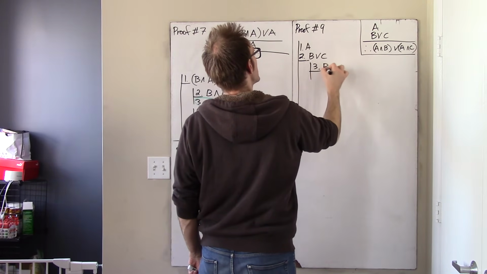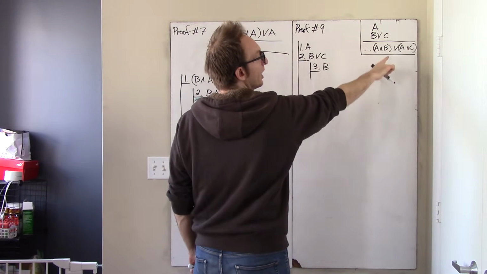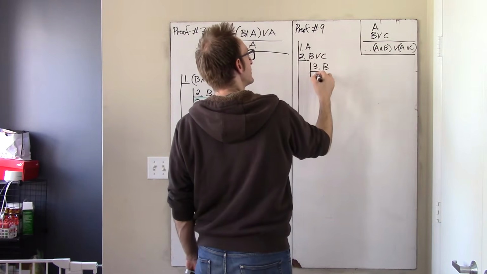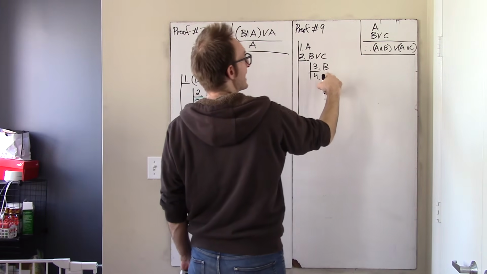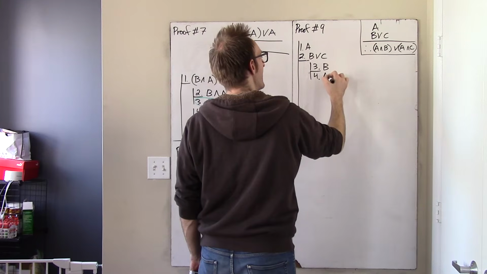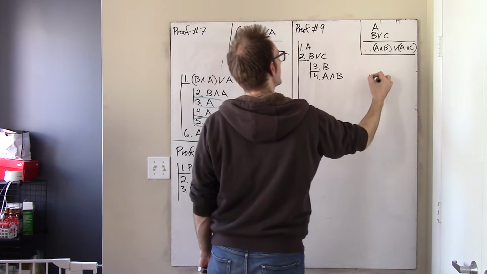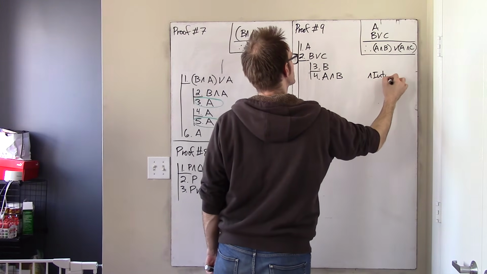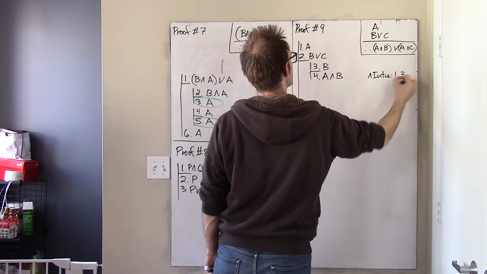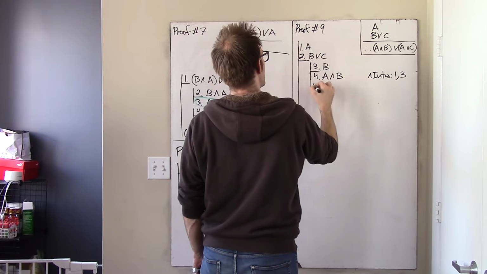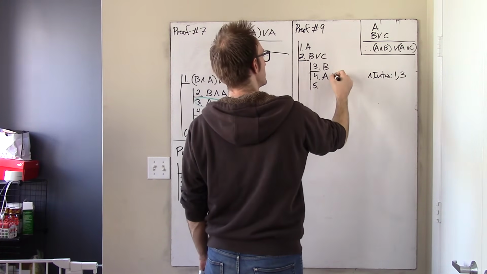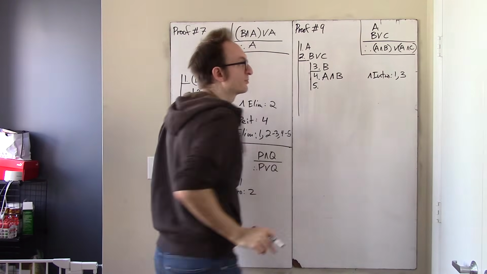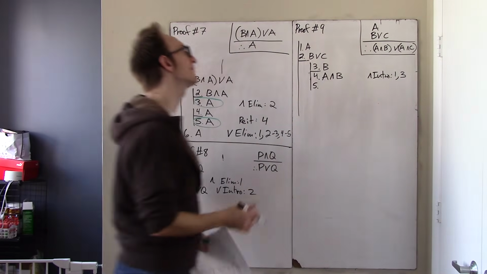I assume the left disjunct B. Oh, okay, well I also have line 1, right? So line 1 says that if I now have A and B, then I have A and B, reason and intro, 1 and 3. But of course, this is pretty close to the thing I'm trying to prove, because the thing I'm trying to prove is a weaker version of that.